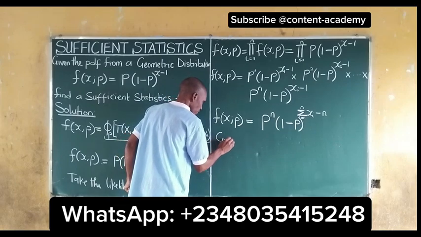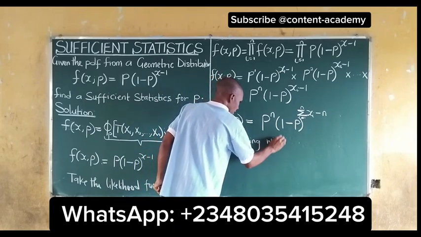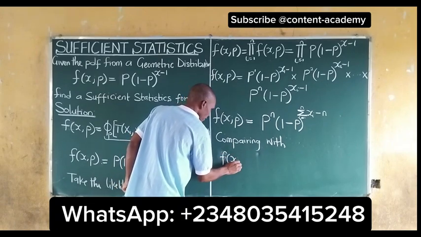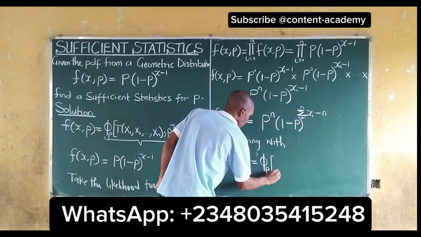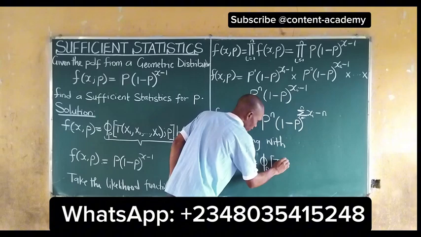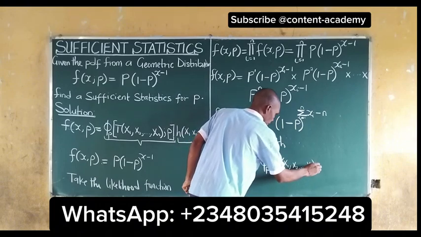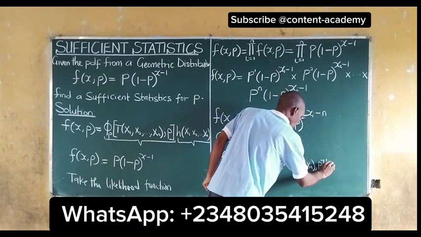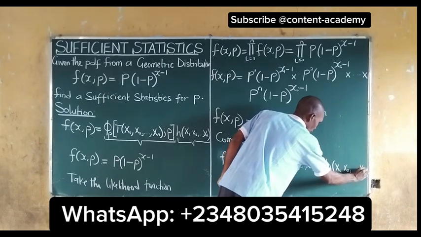So comparing with f of x given p, we have our statistic, x1, x2 to xn, which depends on p, multiplied by h of x1, x2 to xn.